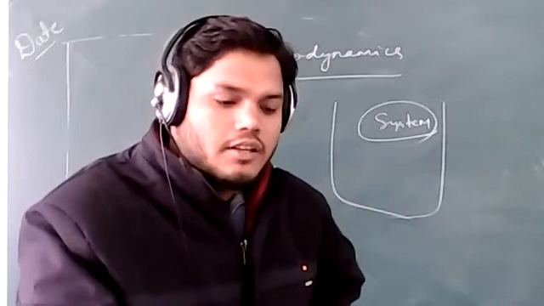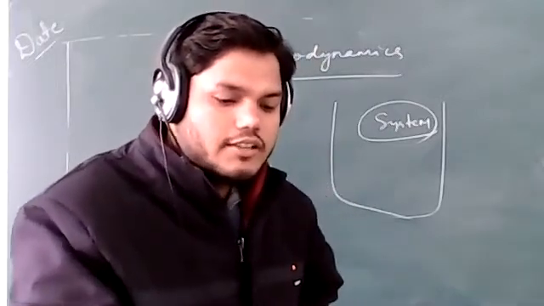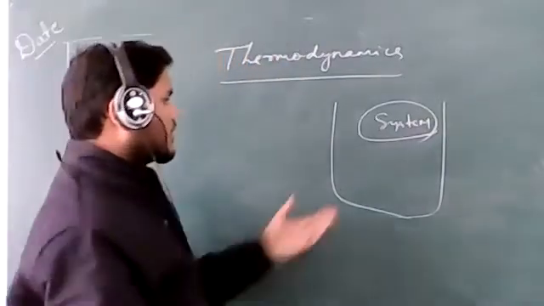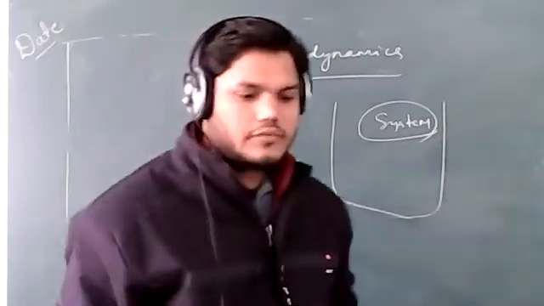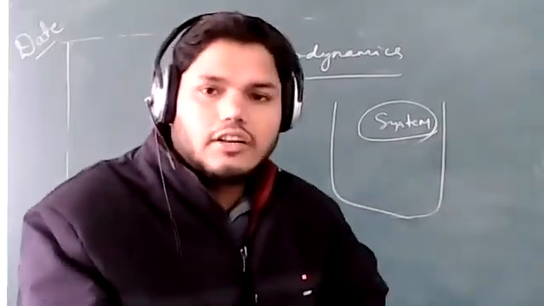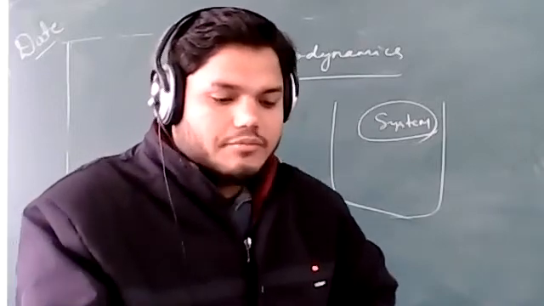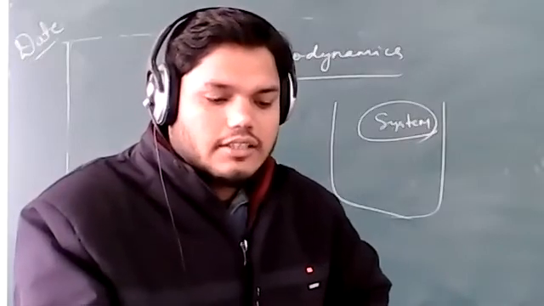So the first one is the system. A system is a fixed amount of matter contained in that particular container. Then comes the surrounding. Surrounding means outside the system. Everything outside the system under consideration is called the surrounding.